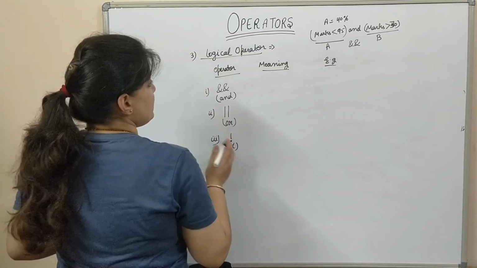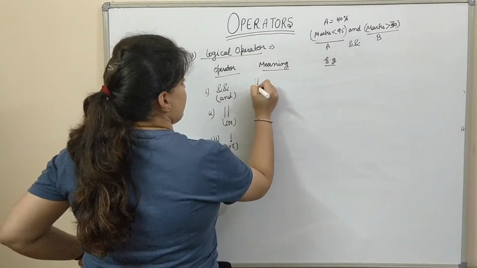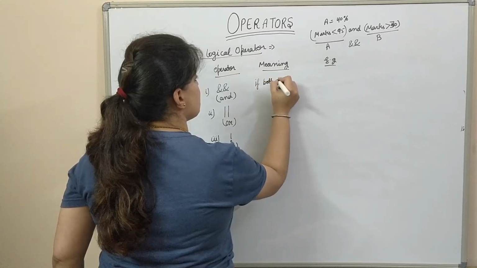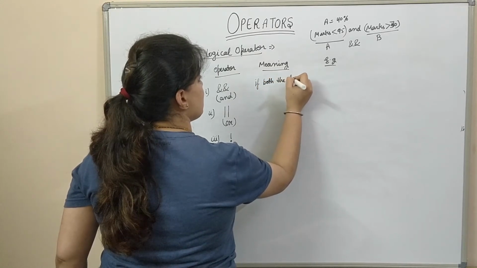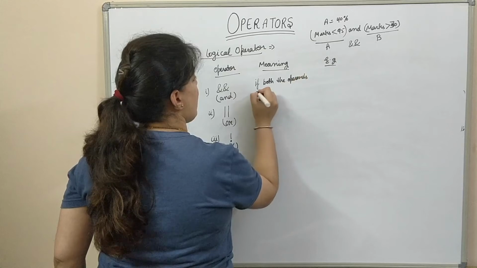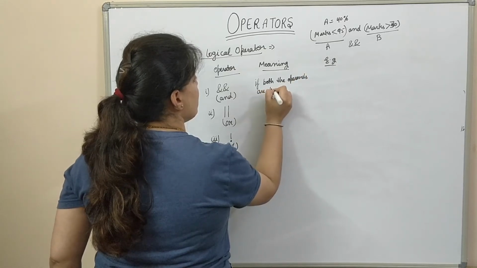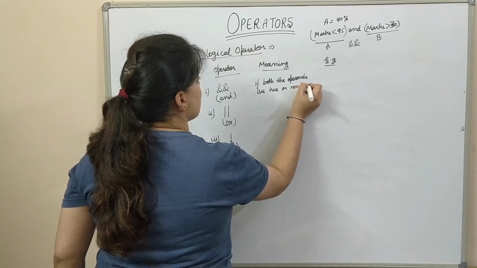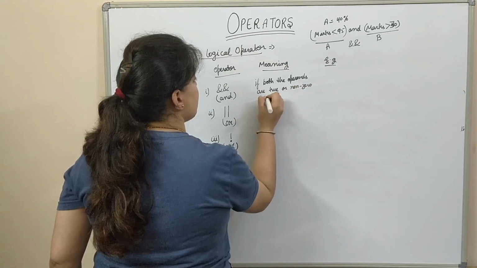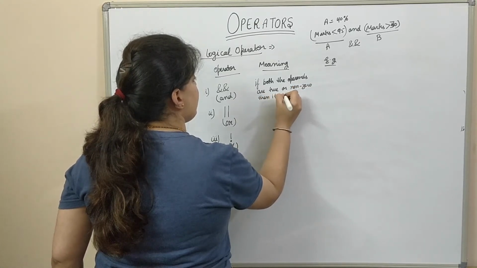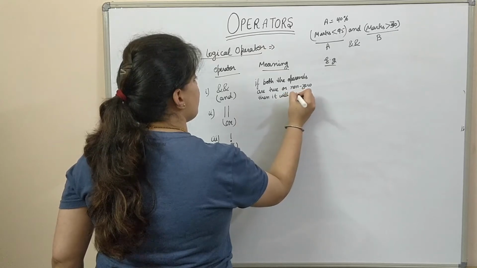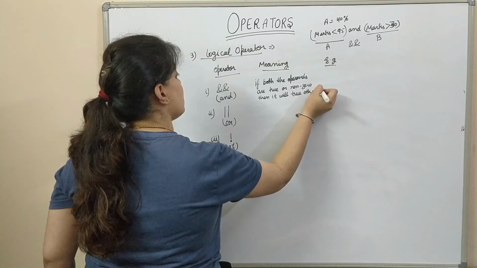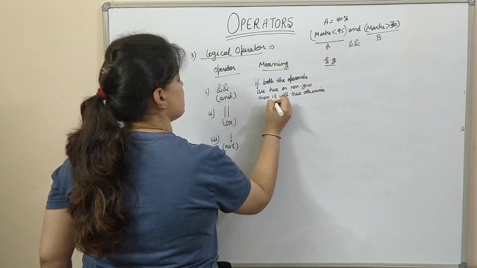So if both the operands are true or non-zero, then it will return true, otherwise false.